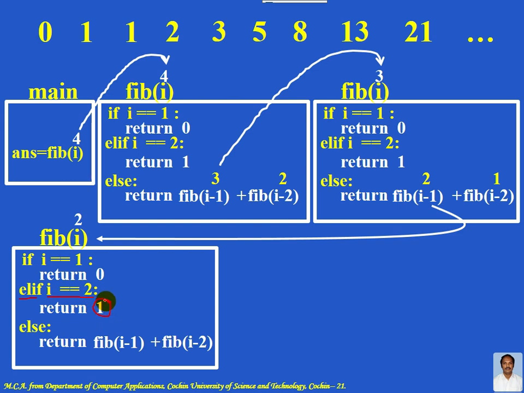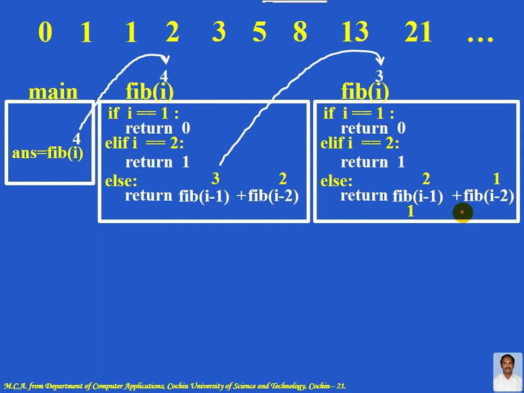And to where is 1 returned? 1 is returned to the point from where the function was called. So the answer 1 comes here. So in a temporary variable, the answer 1 is stored. So this is completely executed. Now plus, again you call the function fib, and this time the argument passed is 1.